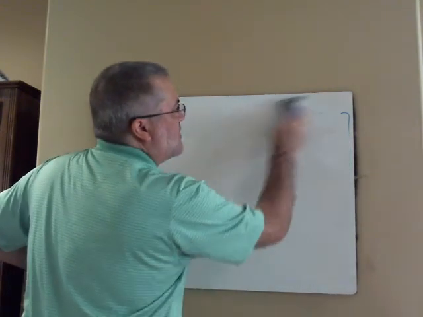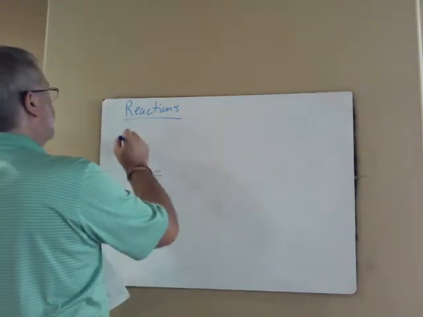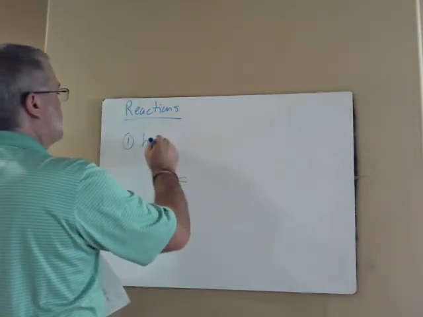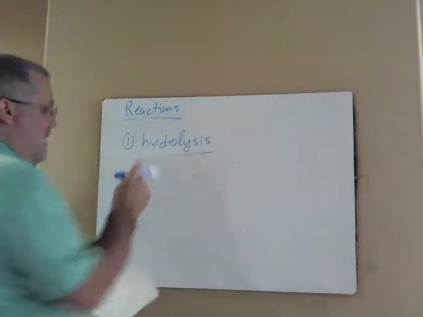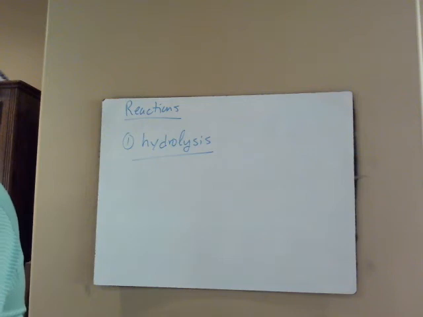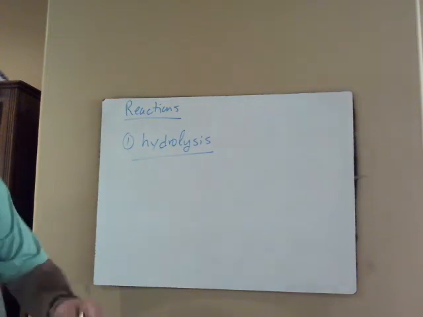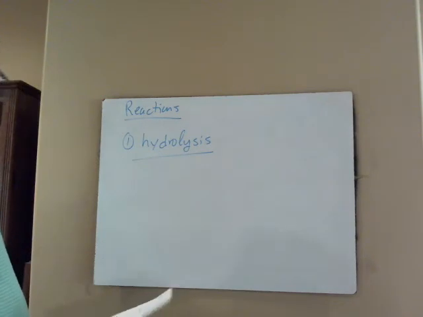So, the reaction of this nitrile with water. And before I even start, if you're taking a nitrile and you're going to hydrolyze it, what is going to be the result?